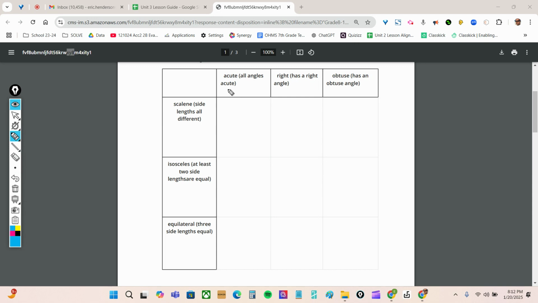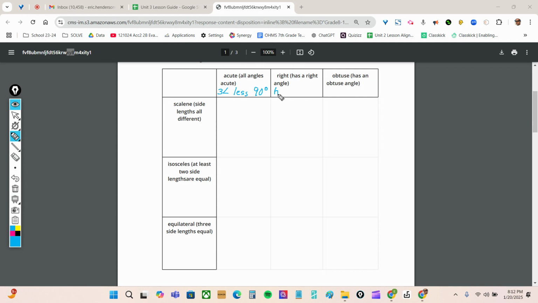So acute has 3 angles that are less than 90 degrees. I'm trying to make your notes as brief as possible.